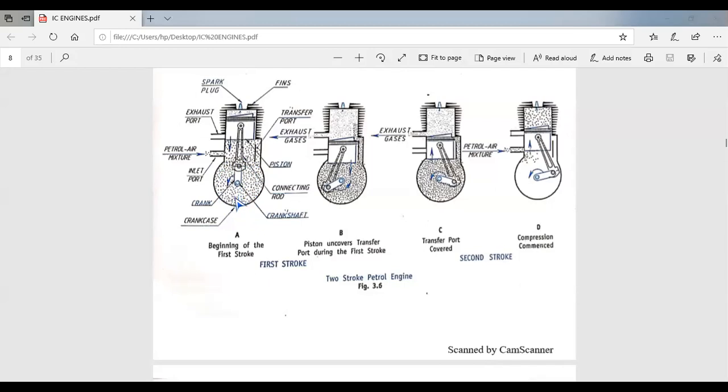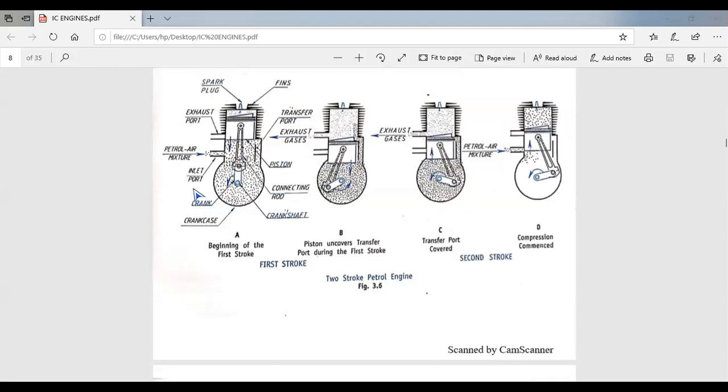If it is a two-wheeler, and if a heavy engine is there, then they produce the crankcase using cast iron. So what components are present here? All of you go through one by one: cylinder, piston, piston rings, connecting rod, crankshaft, crankcase.